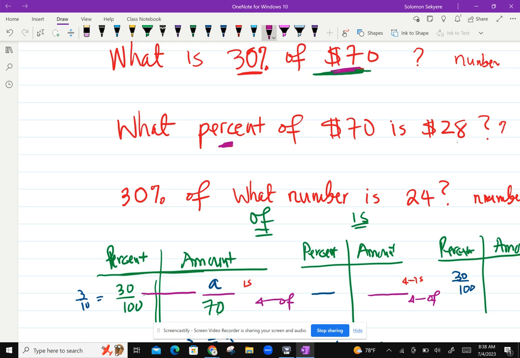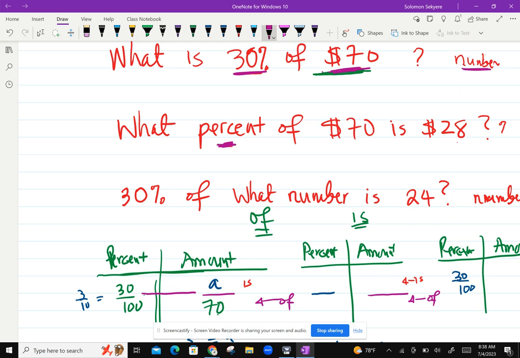And the third one: 30% of what number is... So look at the question: what have you been asked to calculate? Often students don't state the answer right. They don't state whether it's percentage or dollars. Here you've been given a percent and an amount, so your final answer is a number.